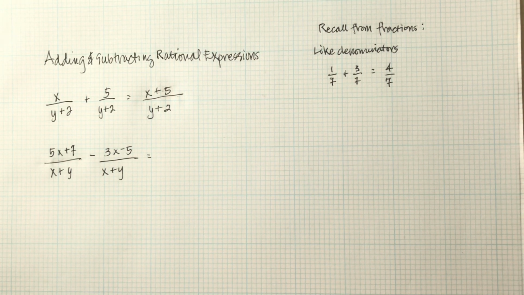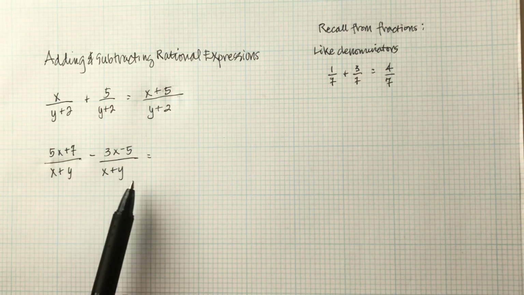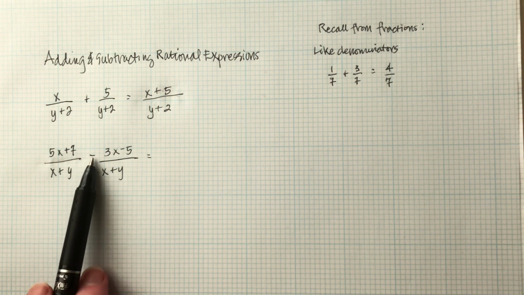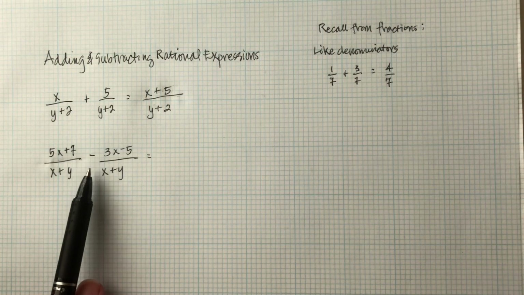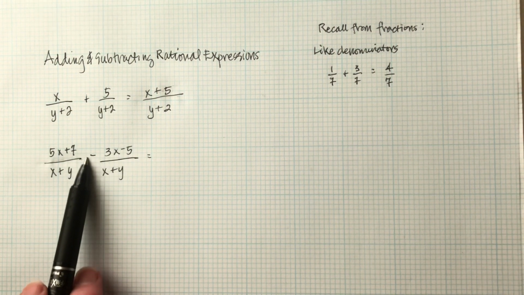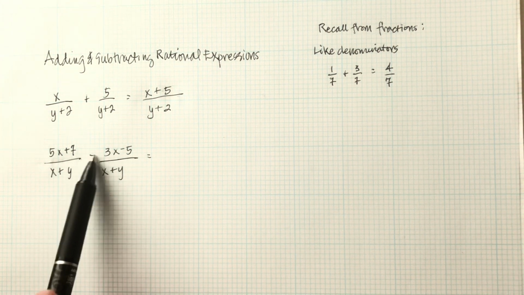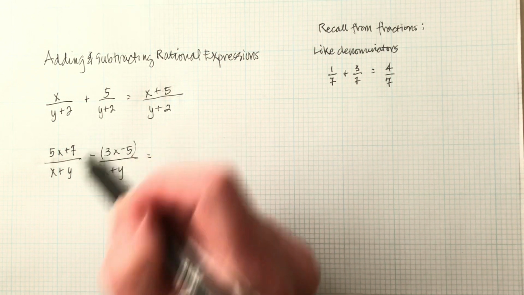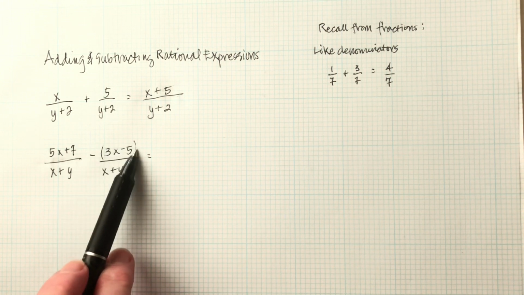Now, there is one tricky thing about subtraction, and that's the main thing I want to point out here, this trouble area that gives a lot of people a headache with subtracting rational expressions. And that is when you have this quantity over here and you've got a subtraction sign here, we have to remember that it's as if this was in parentheses, is one way to remember it, because we've got to remember to distribute that subtraction sign.